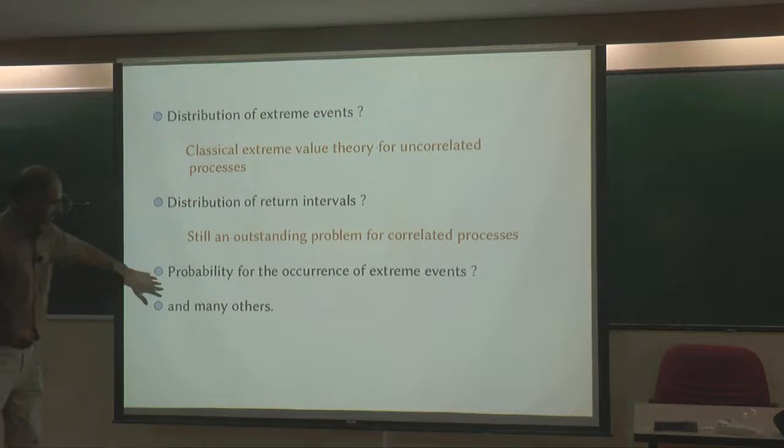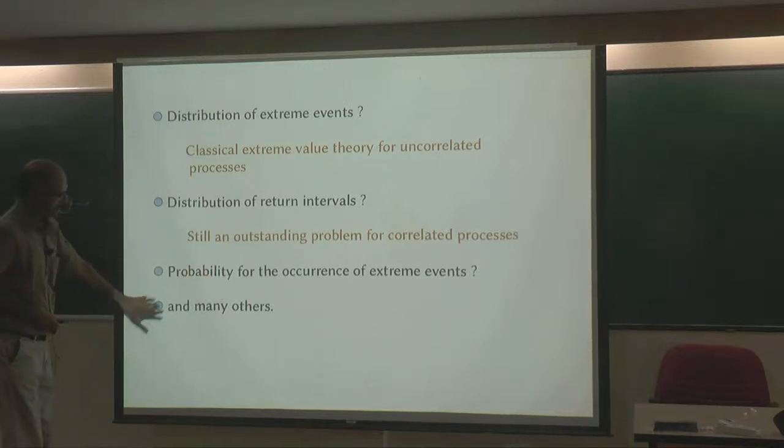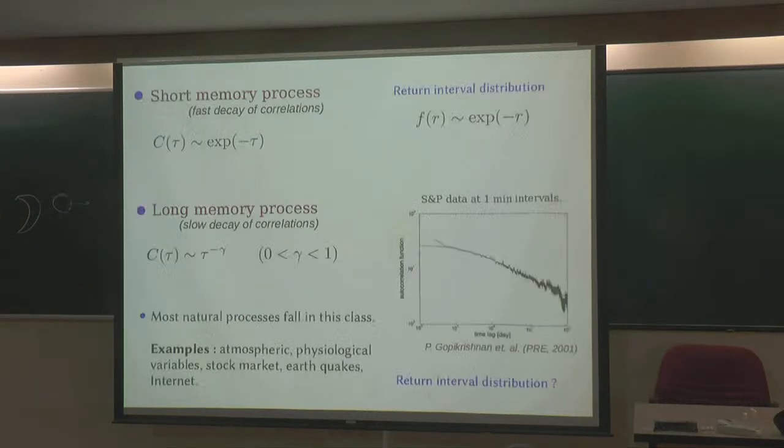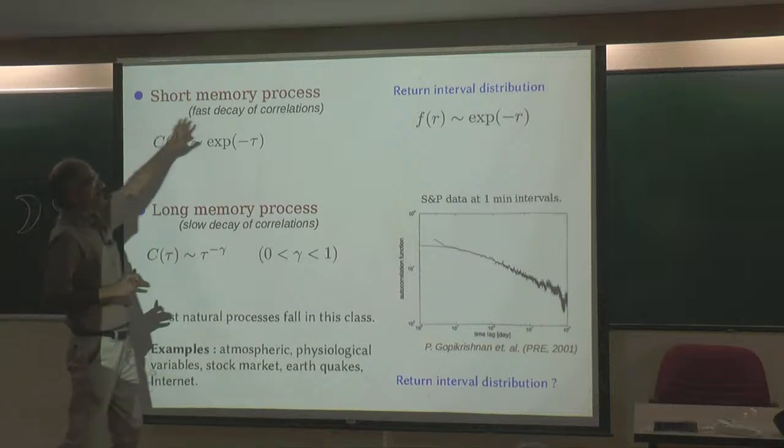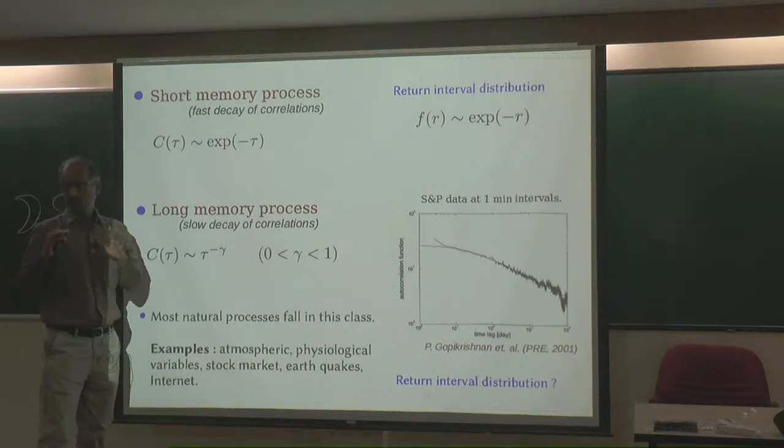The third one, which I'll probably speak about in the context of networks, is the probability for the occurrence of extreme events. These are the major ones, but of course you can list many other things as well. To set the background, a short memory process would be something very close to an uncorrelated process for me, even if not delta correlated.